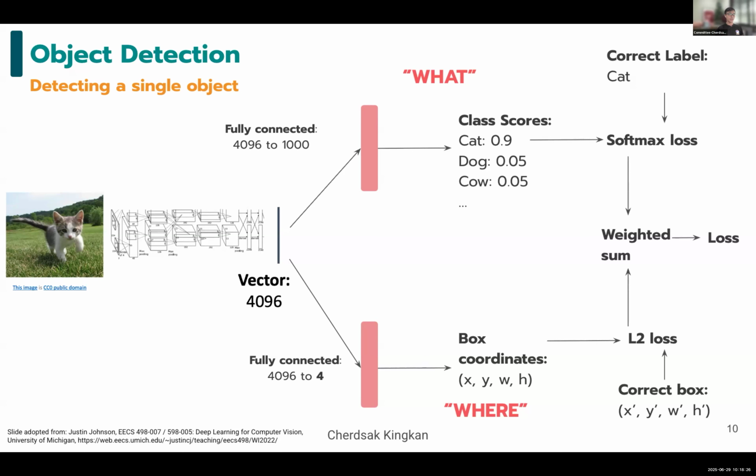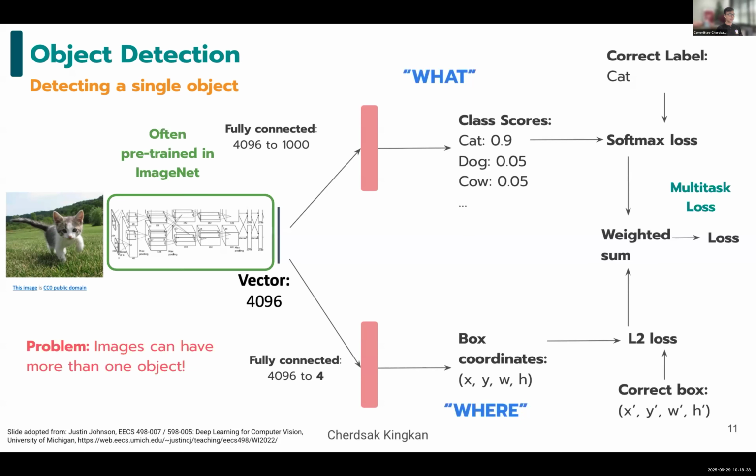So we might use a weighted sum so that we get a final single loss value for gradient descent. Like I mentioned, this section of the model can probably use a pre-trained model on ImageNet, and the loss value would be a multitask loss, for example.